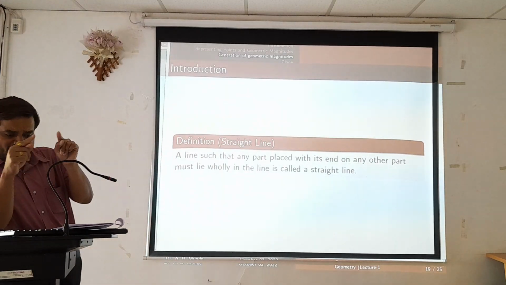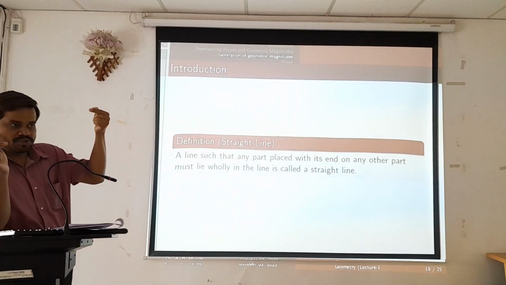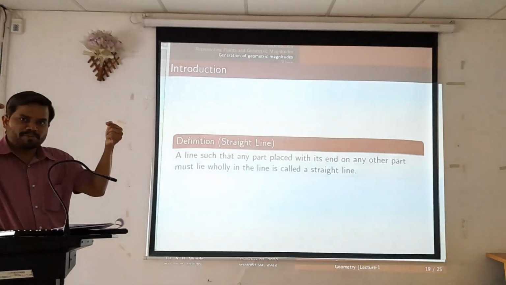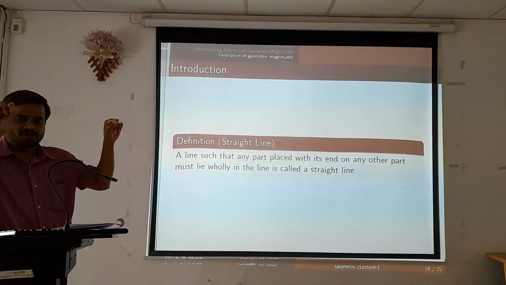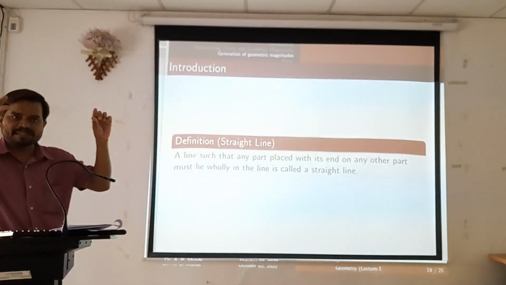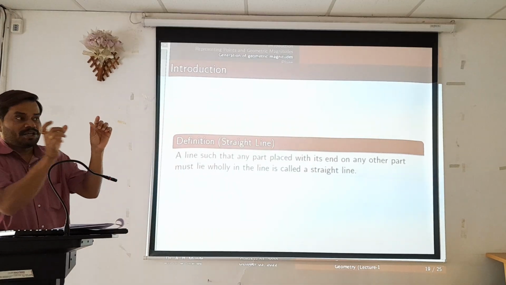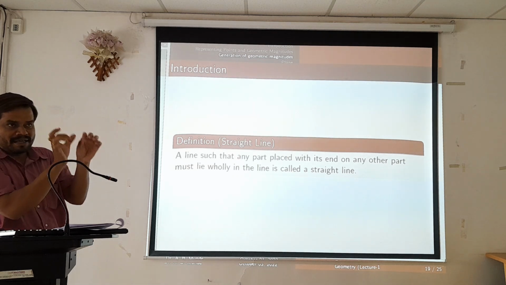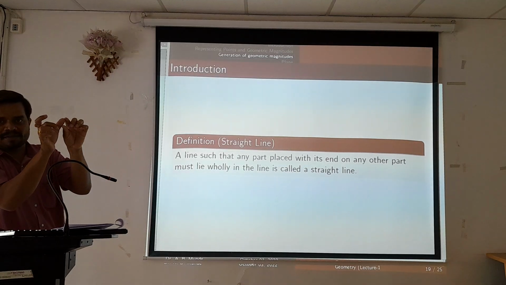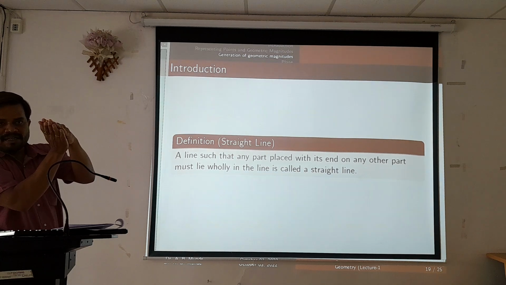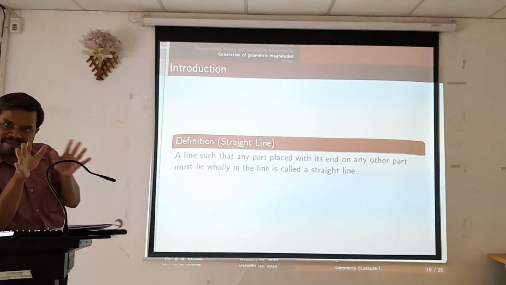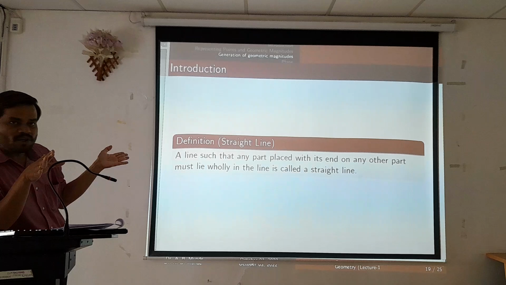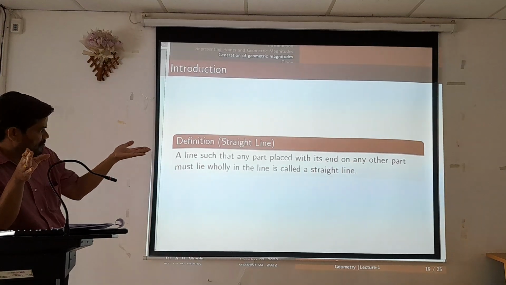Suppose you have drawn a line A to B, point A is here and point B is here, and if we join this, this is the line. Why do we call it a straight line? Because if you take any part of that line and place it again on the same part, if it coincides, then it is straight. That's why it is called a straight line, and this is the meaning of this definition.